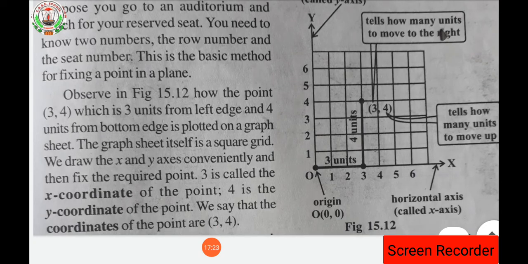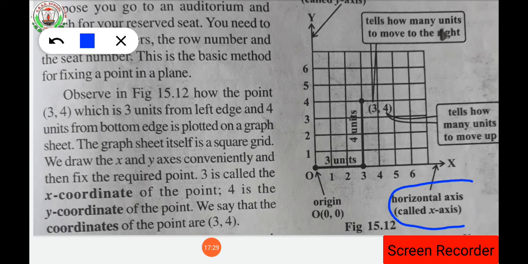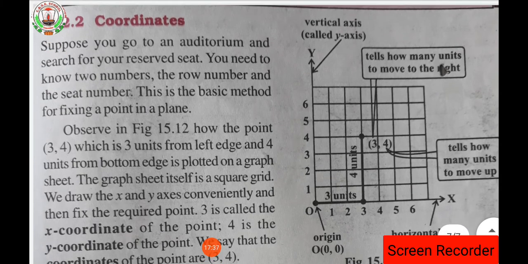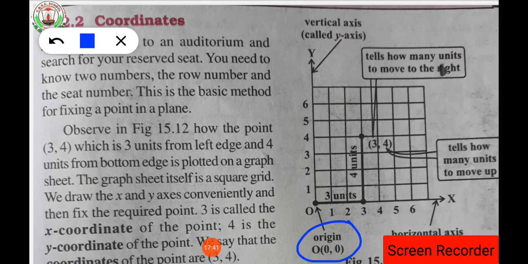Seeing the graph, you can see here this one is the horizontal x axis. This one is the origin O. Remember students, at the origin the x and y values are always 0.